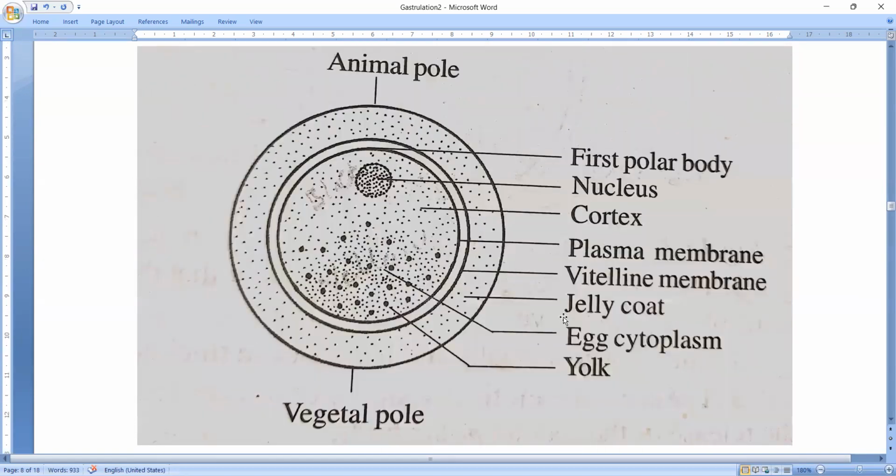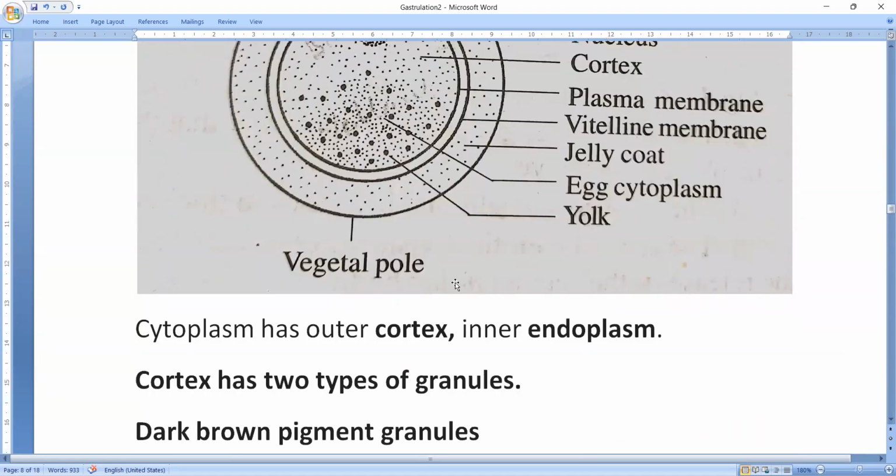Okay, so this is the animal pole. So this is the vegetal pole, right? Here, actually, the nucleus is given here. This is the pole cytoplasm. So outer part is called cortex, inner part is called endoplasm, right?